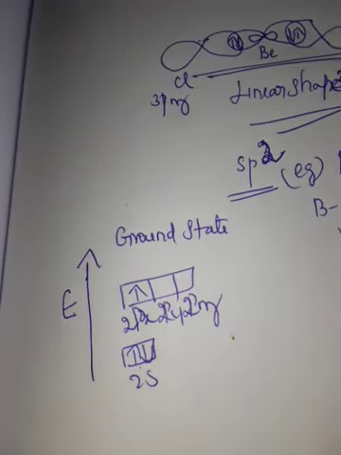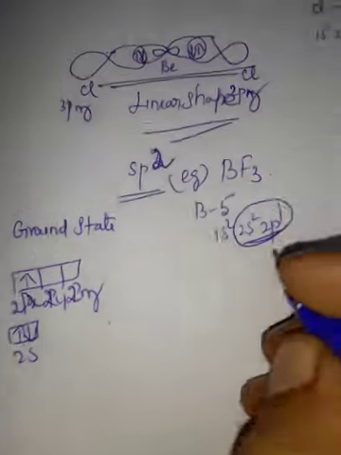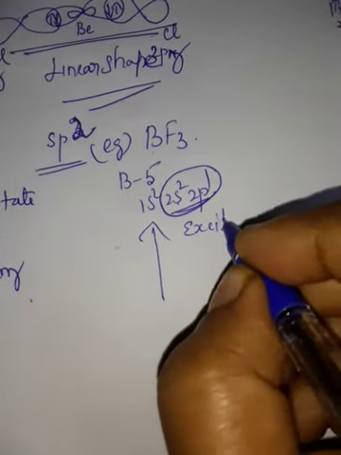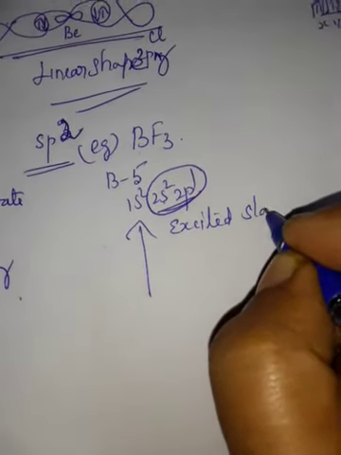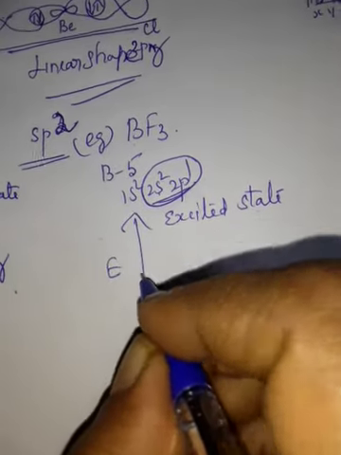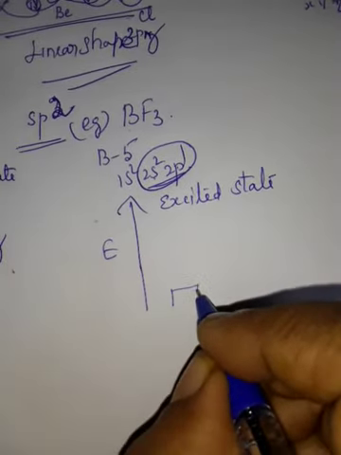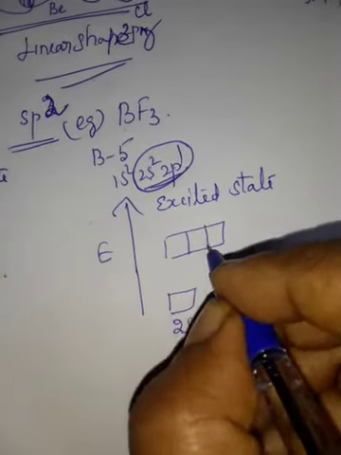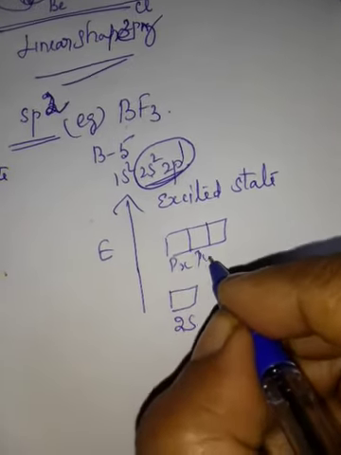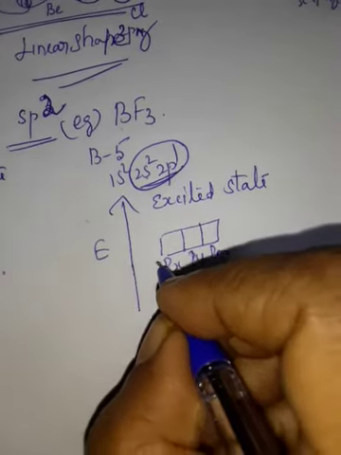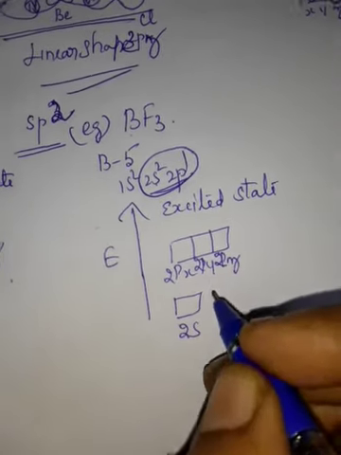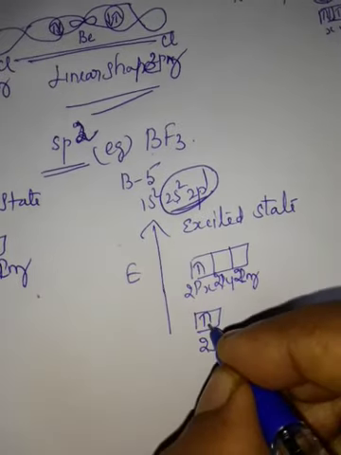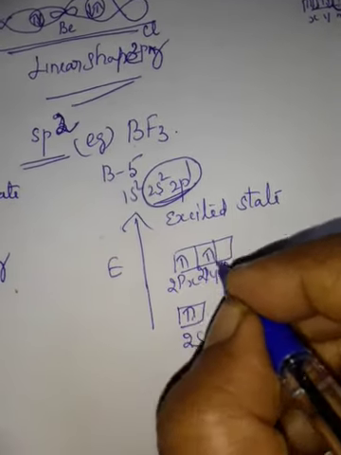This is the ground state. Now in the excited state, one electron from the 2s orbital jumps to the 2py orbital.